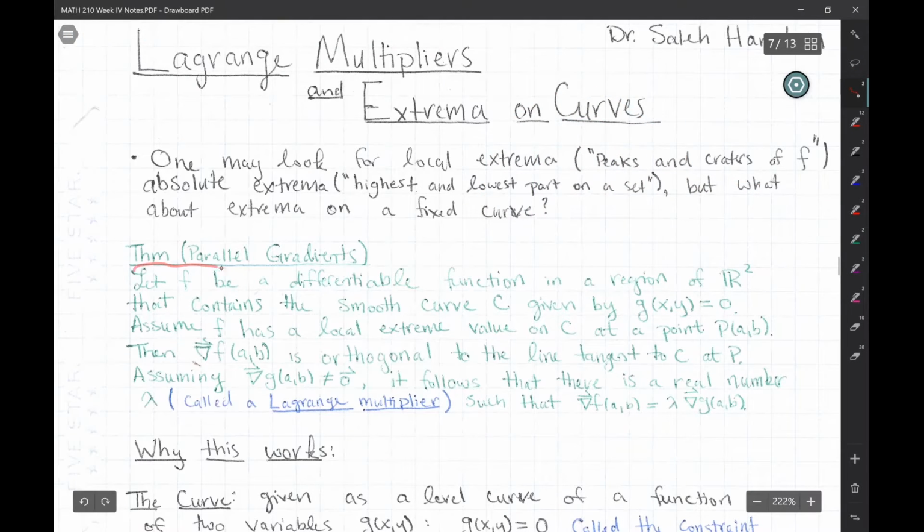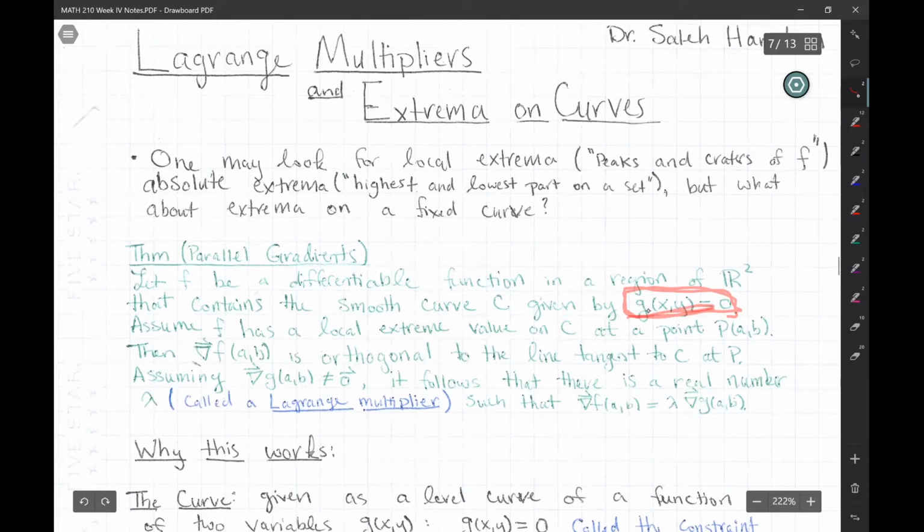So this theorem here will aid us in finding the local extrema along a curve, and even the absolute extrema along the curve. So let f be a differentiable function in a region of R2 that contains the smooth curve C. This smooth curve is given as a level curve of a function of two variables.